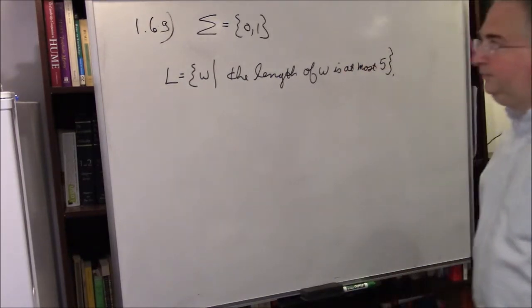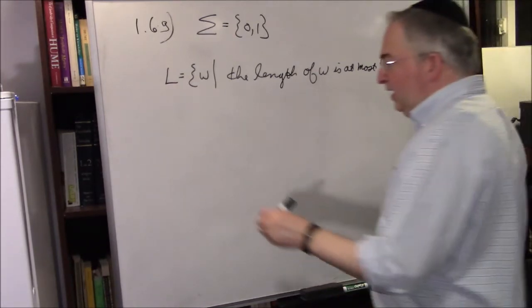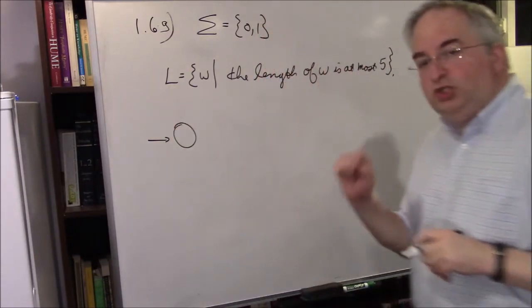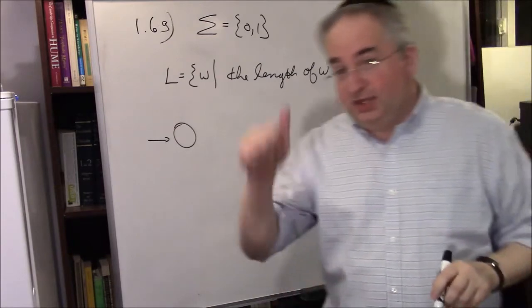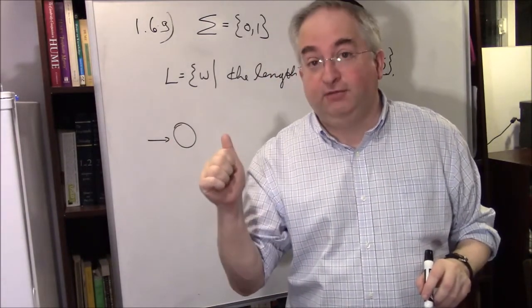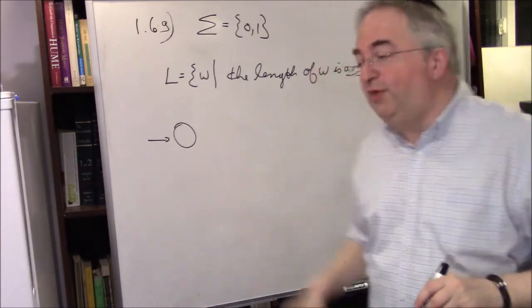Okay. This is actually very simple, and I'm going to do it very quickly, but you should try to do it on your own. Let me just do some English here. At most 5 means it's 0, 1, 2, 3, 4, 5. It can't be 6. That's what at most 5 means.